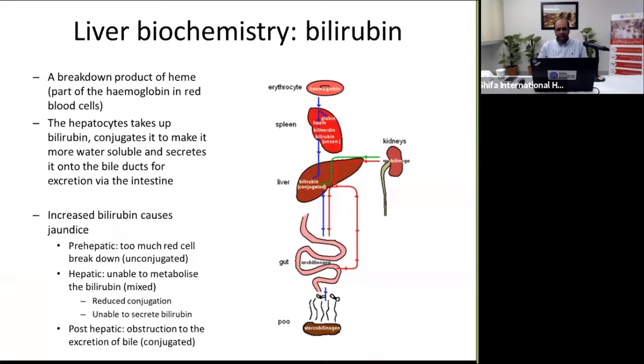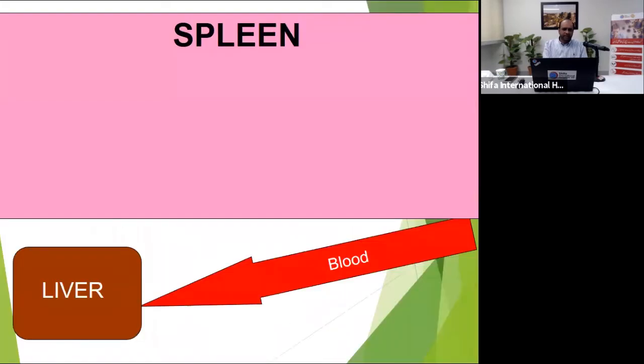Some part of it will be excreted in the urine. The major chunk, after processing by the biliary system, will go into the gut. A little fraction will be reabsorbed, and the major portion will be excreted. So this is the basic. There is a reason for the disease in a blockade anywhere in this process. But let me explain it in a slightly easier way.